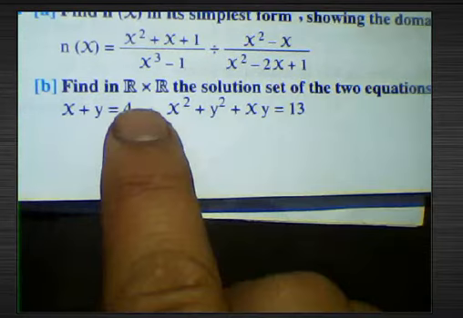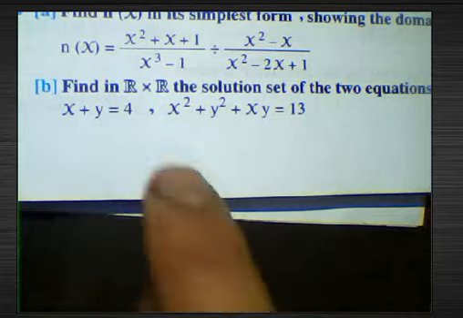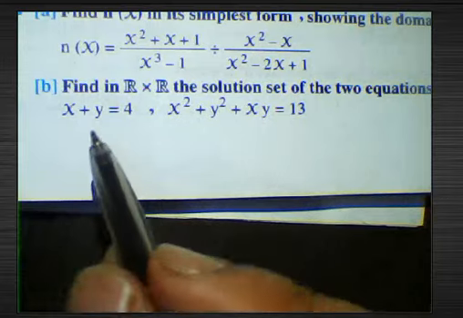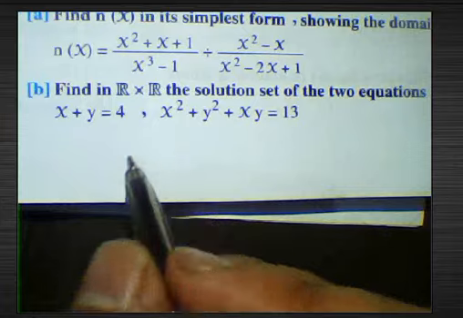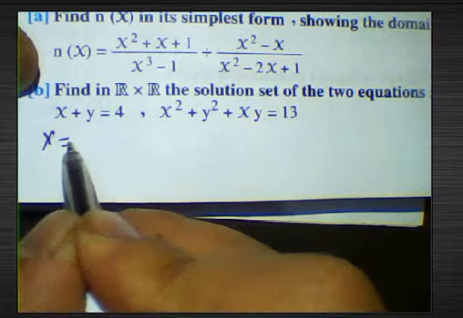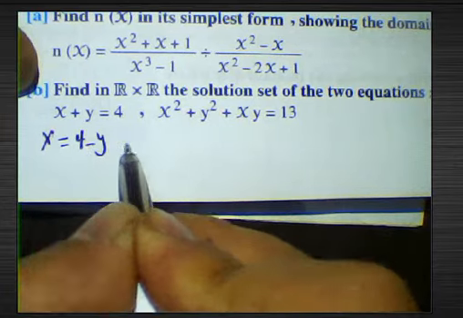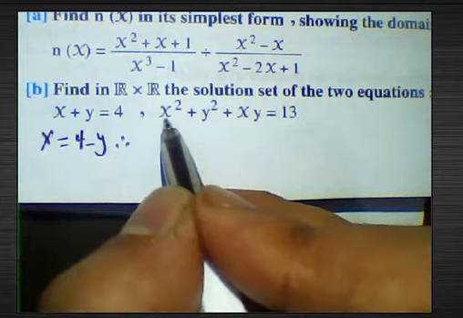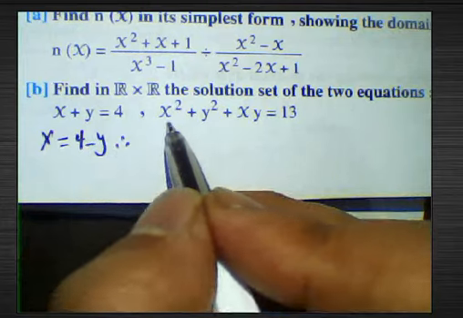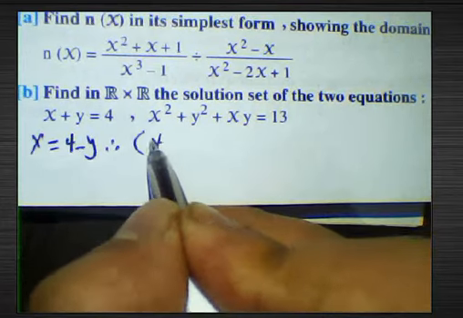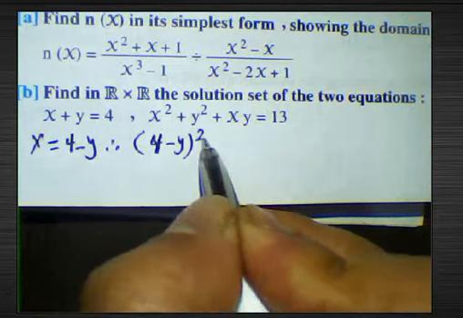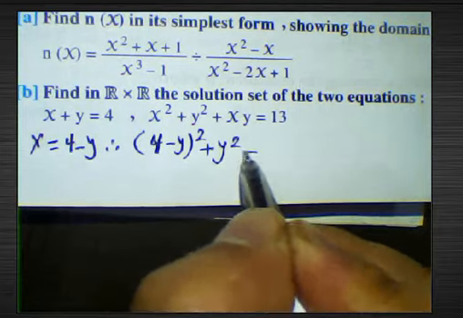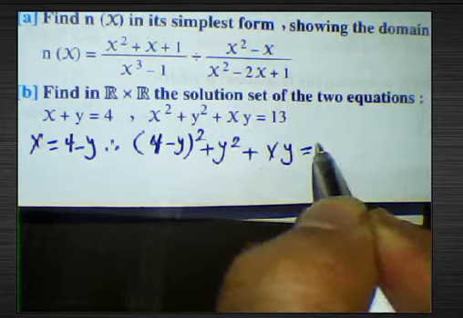Find in R times R the solution set of the two equations here. We have x plus y equals 4, so x will be 4 minus y. Then you can write here, substituting for x: (4 minus y) squared plus y squared plus x times y equals 13.